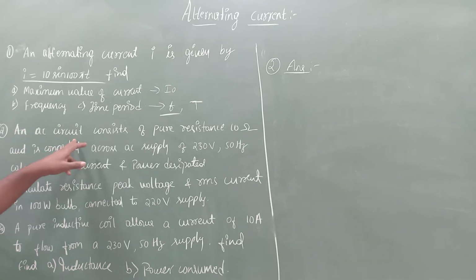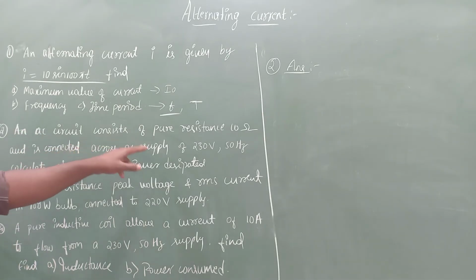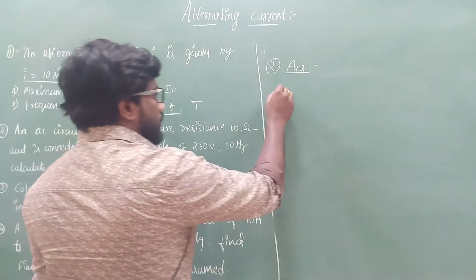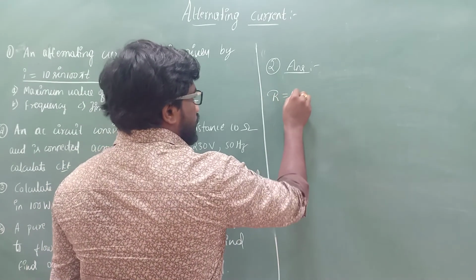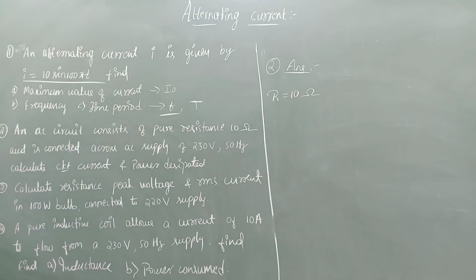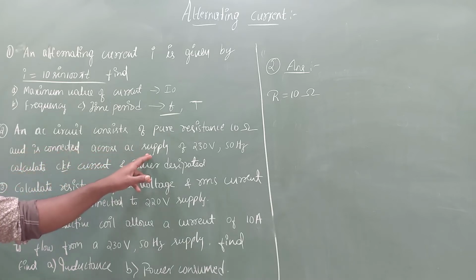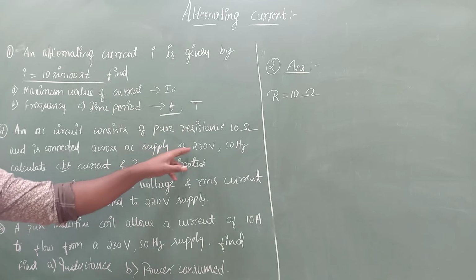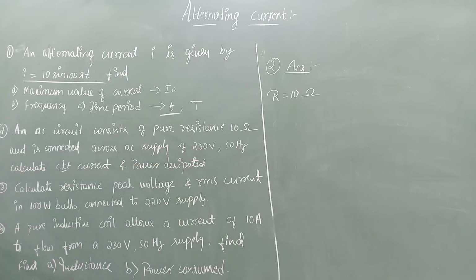An AC circuit consists of a pure resistance of 10 ohm, so the R value is given: R = 10 ohm. It is connected across an AC supply of 230 volt.